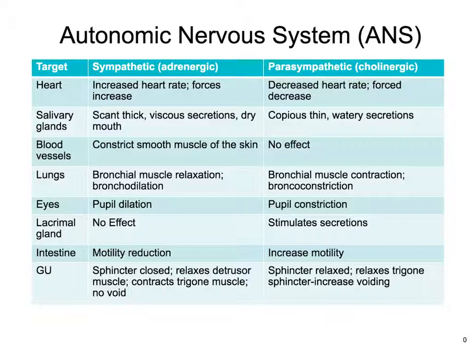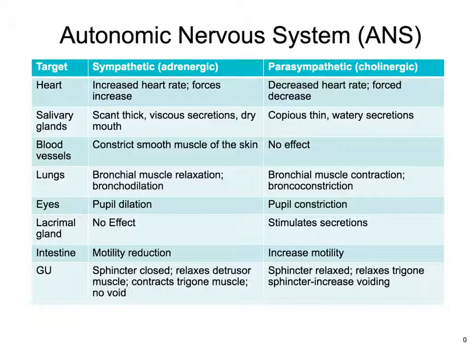So this chart here is a brief overview. I want you to also refer to the handout Autonomic Nervous System for a detailed overview, which is located on Blackboard.